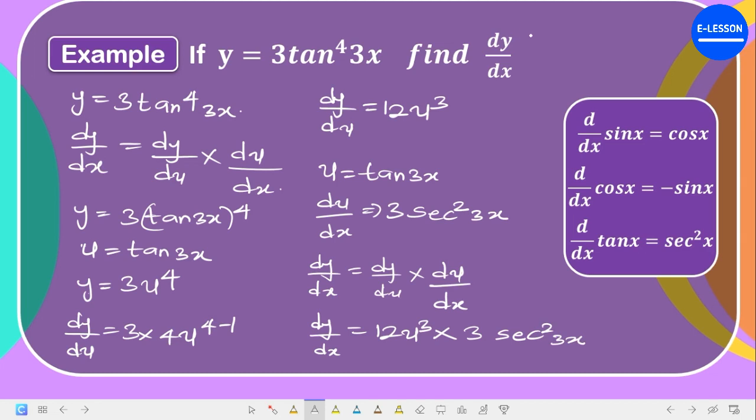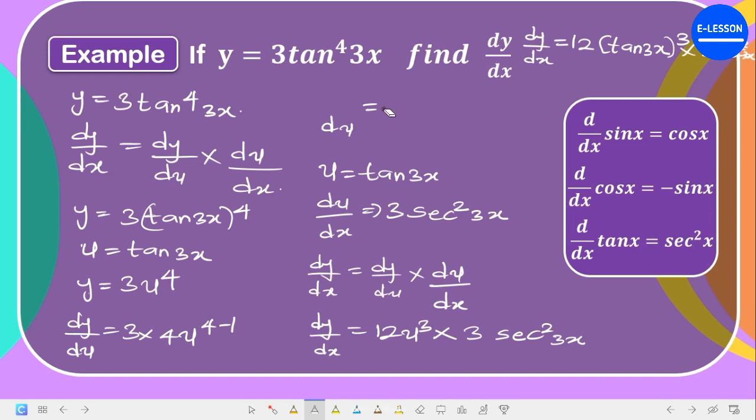So your final answer to this question is dy over dx is equal to 12. What is your u? We said u is tan 3x, then raised to the power of 3 times 3 sec square 3x.